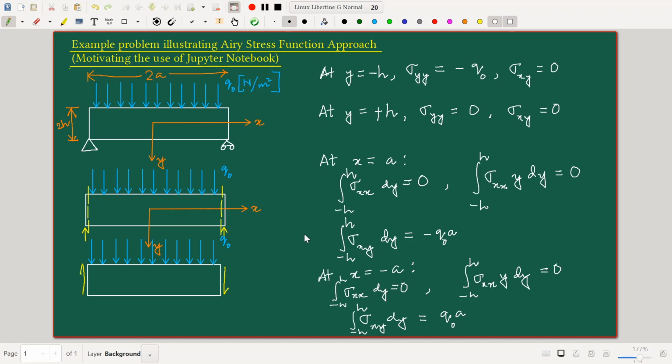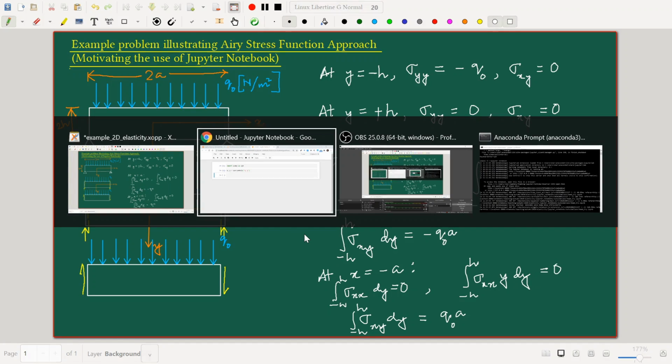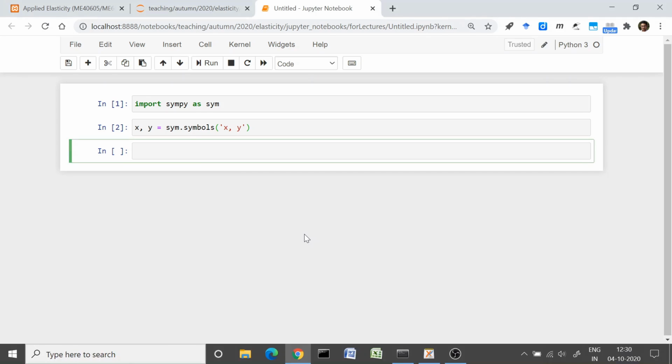So that will be a very long Airy stress function to begin with. Our hope is that by using symbolic Python, we'll be able to systematize the whole thing and proceed towards a very general framework to obtain the stress fields. So we do it in parts here.